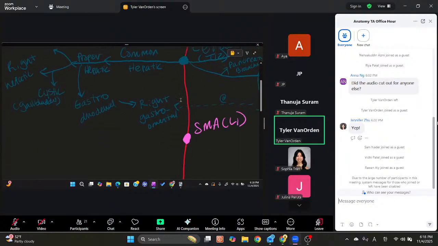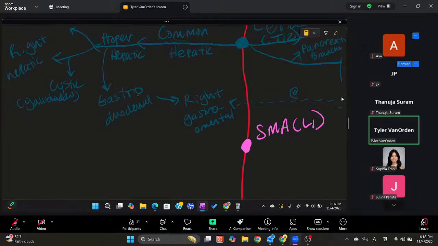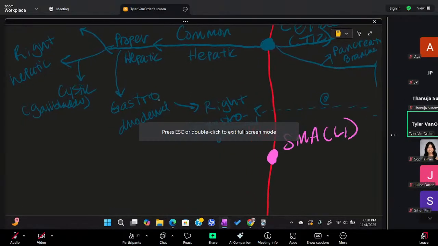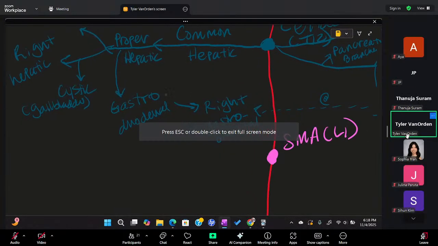Then you're going to have an artery that is variable where it comes from. It's the most annoying artery because in every single body, it's going to come off from someplace different. I'm drawing it from gastroduodenal just for the sake of the line diagram, but just know, even in your lectures, I think I talked about this, that it comes off common hepatic, comes off proper hepatic, comes off gastroduodenal, comes off right gastroomental.